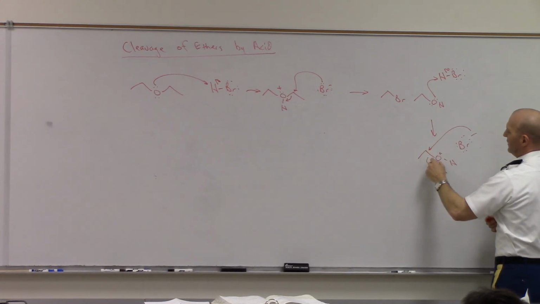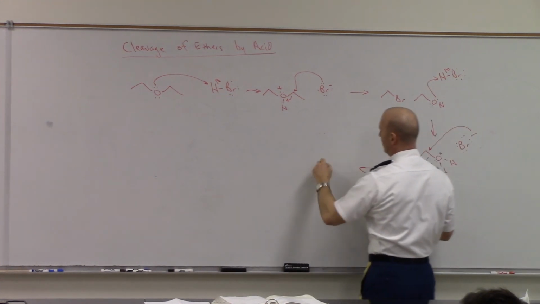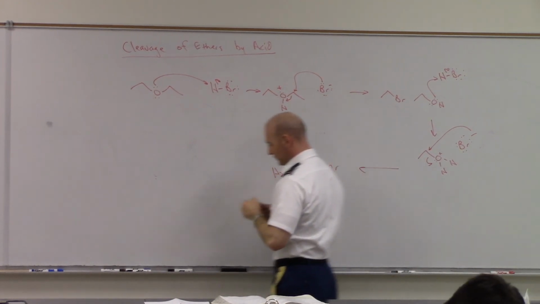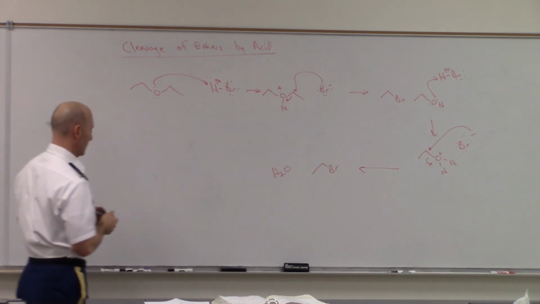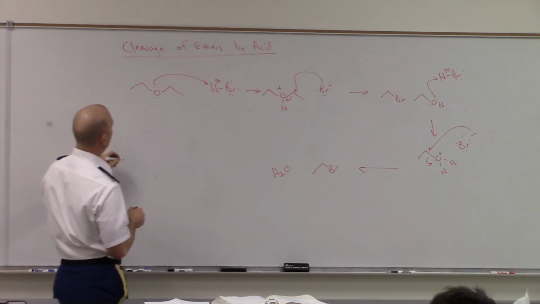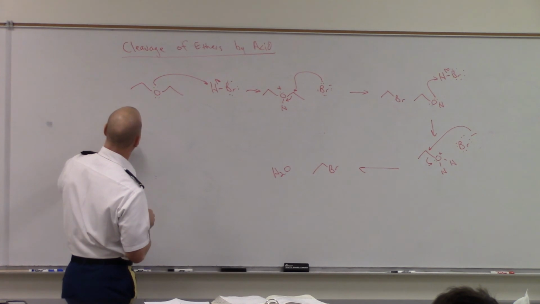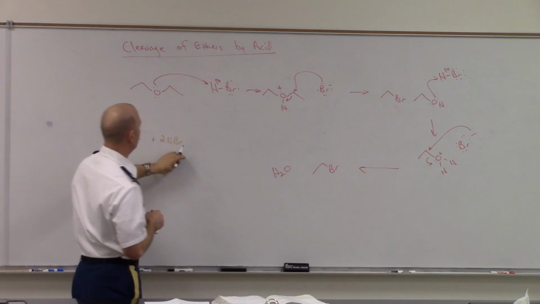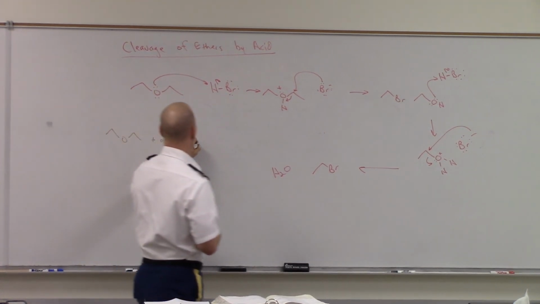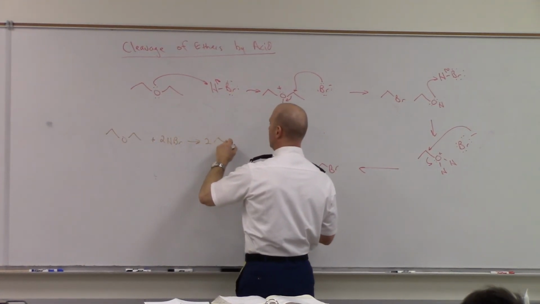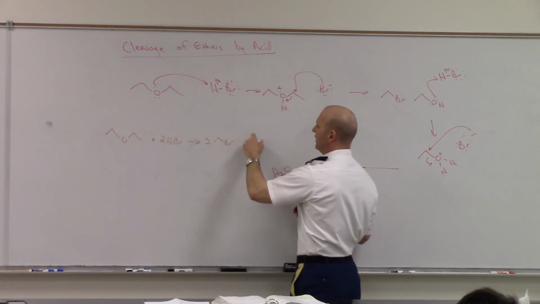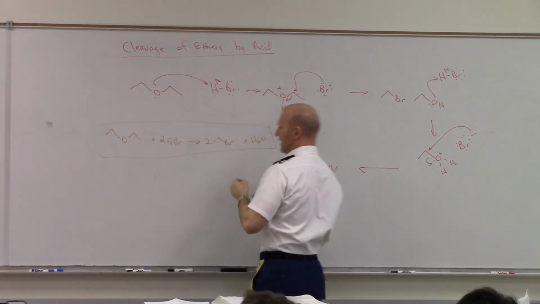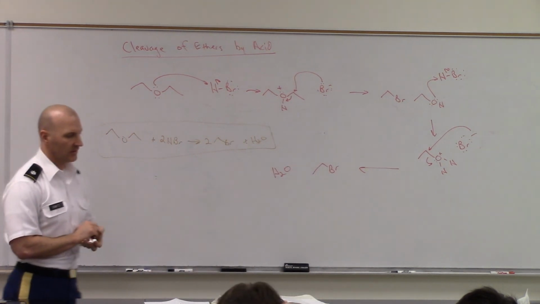That's going to do a substitution reaction, and we create another alkyl bromide, and we end up with water there too. So the net result is the ether with at least 2 equivalents of the acid is going to give us 2 alkyl bromides plus water.